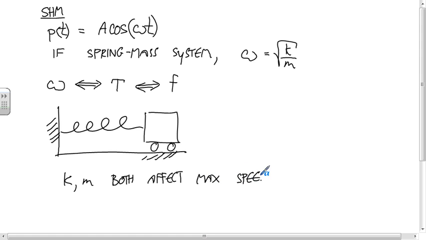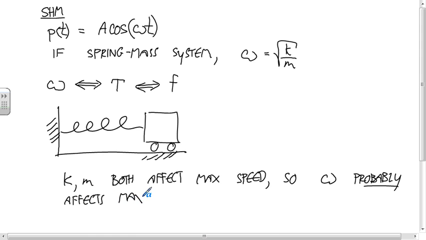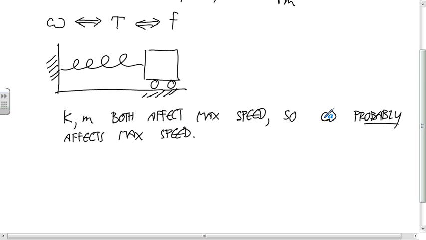So it makes sense that omega would affect the maximum speed because omega takes both of those into account. That's just sort of a good way to wrap your head around the connection to omega.